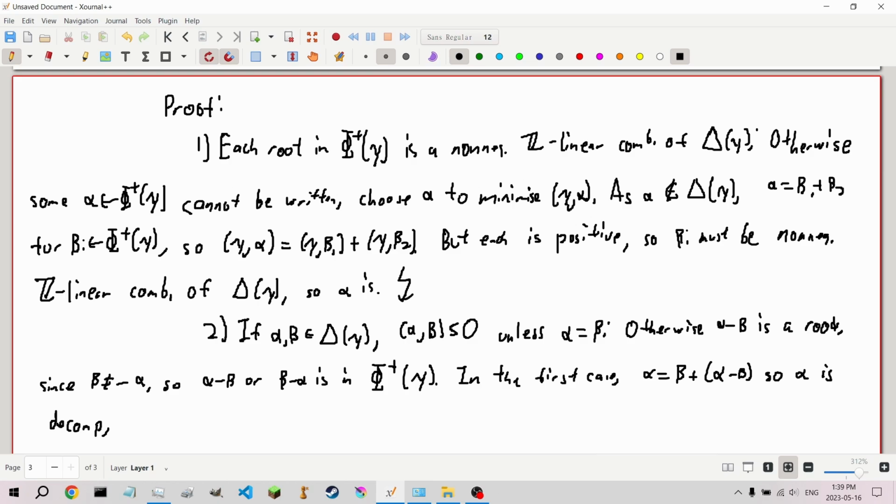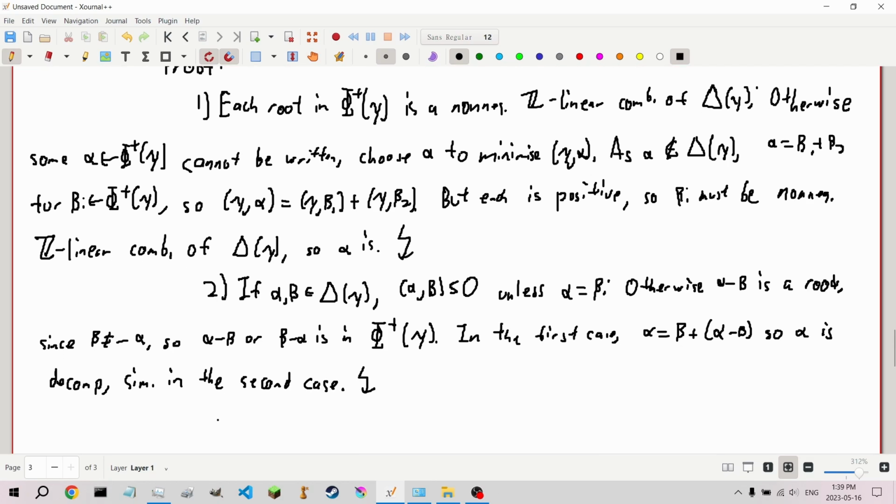And similarly, swapping alpha and beta in the second case. And that's a contradiction.